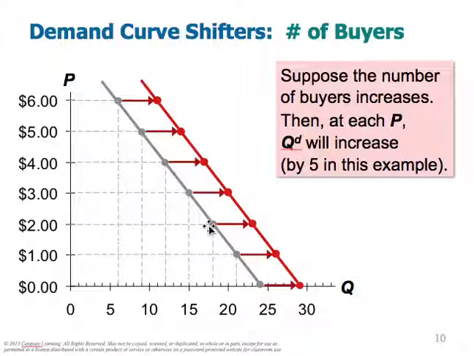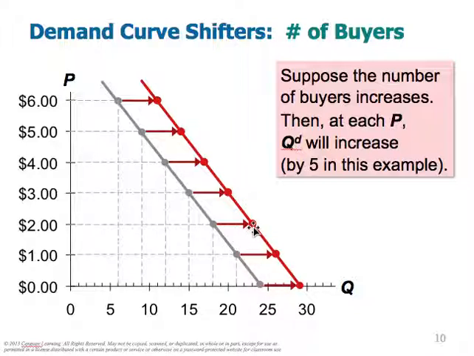Similarly, when the price previously was $2, the quantity demanded was 18, but now it's going to increase from 18 to maybe 25, or 24.